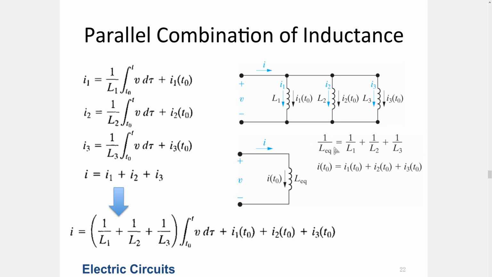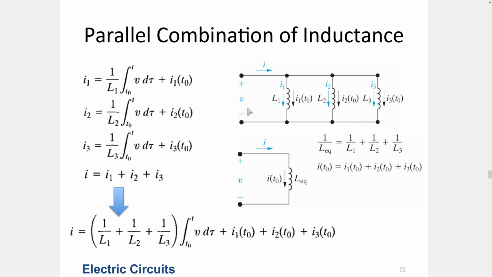Just like in the case of resistors, when we have a parallel combination of inductors, we compute it by summing 1 over L1 plus 1 over L2. If there are n inductors, then you have to add n of them, up to 1 over Ln. When you obtain the result, you have to take the reciprocal of it to compute the equivalent inductance.